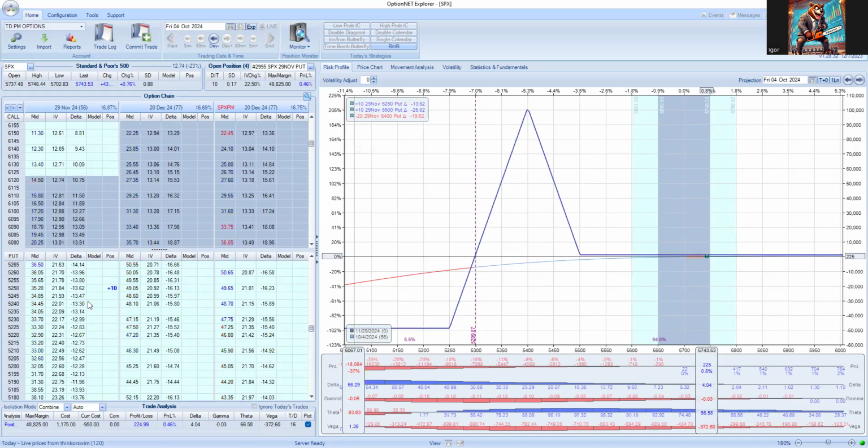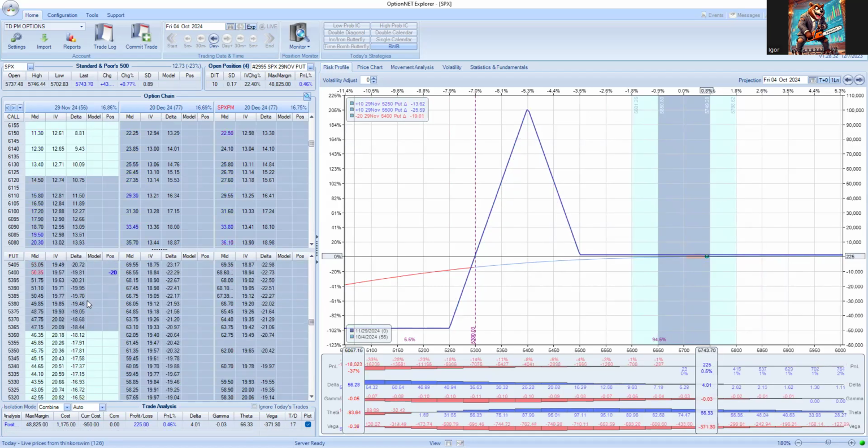I think one of my favorite adjustments would be buying a 50 point wide put debit spread somewhere around delta maybe 25.